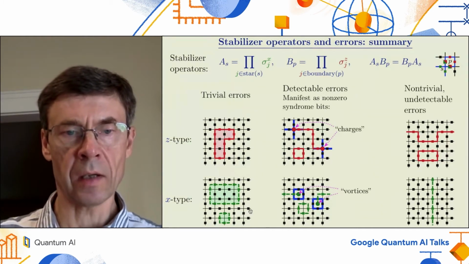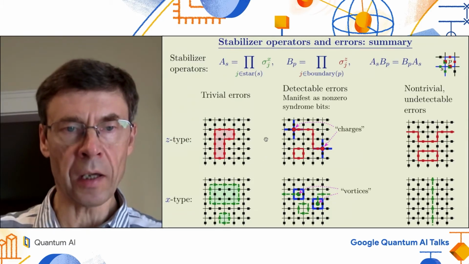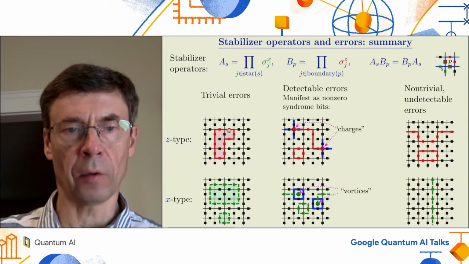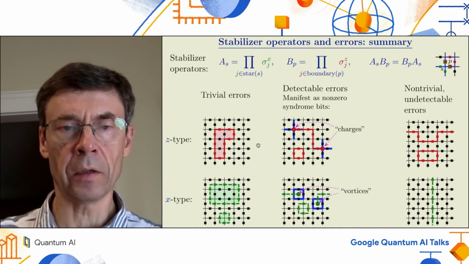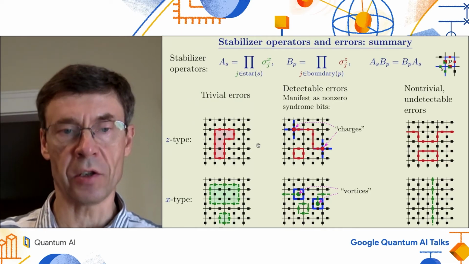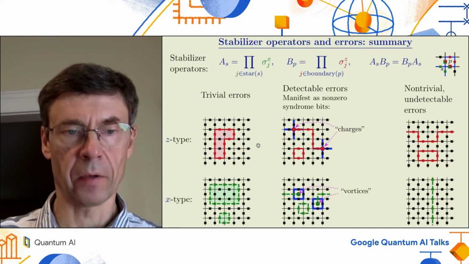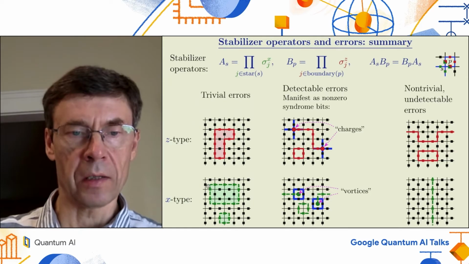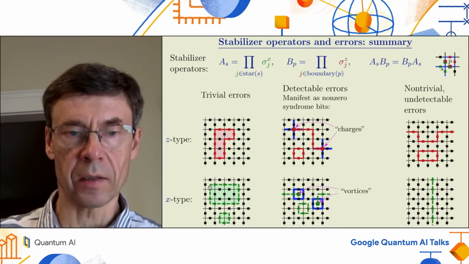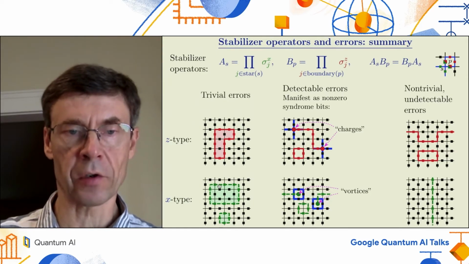Z errors and X errors are very similar. In each case, an error is just a set of qubits, but for Z errors, it's convenient to represent them as edges of the lattice graph. For X errors, it's convenient to draw them as edges of the dual lattice, so they cross the original lattice.